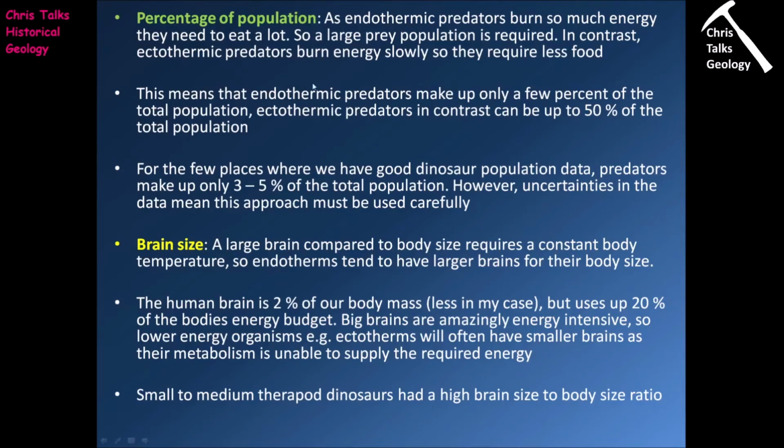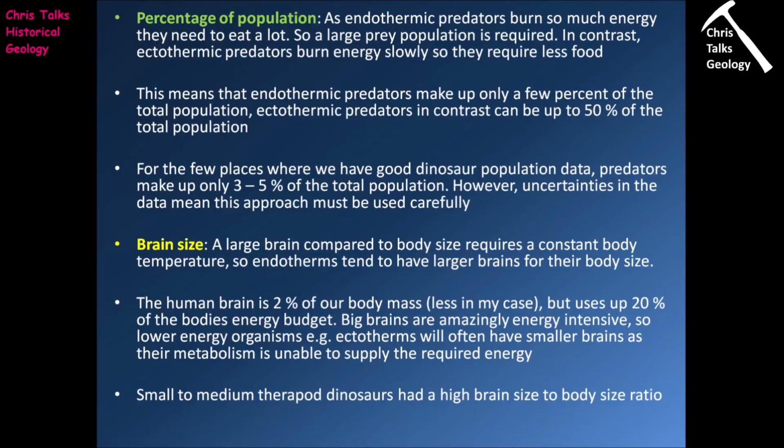In these endothermic communities, we see that the warm-blooded predators will only make up a few percent of the total population of animals. In contrast, the ectothermic predators, the cold-blooded predators, can make anywhere up to 50% of the total population because they don't require anywhere near as much prey.